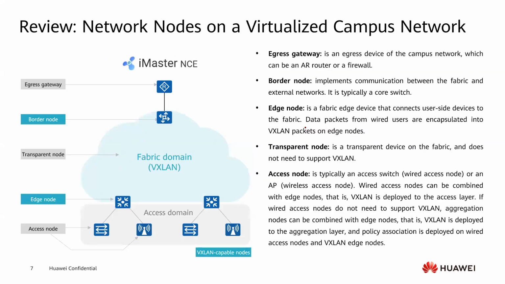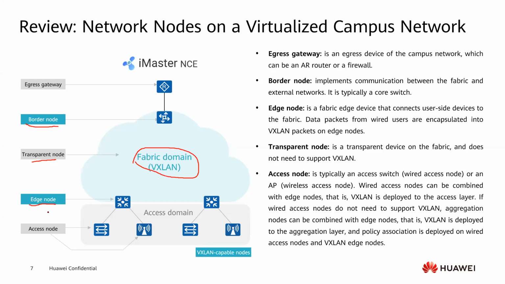And these are the network nodes in the virtualized campus network. For the fabric domain, the VXLAN domain, there are two important nodes: the edge node and the border node. Both of these nodes need to support VXLAN. Other nodes do not need to support VXLAN, such as the transparent node between the edge and the border node.